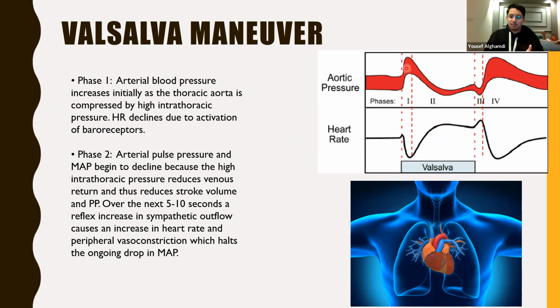If there is a higher blood pressure, there will be a lower heart rate. So when the blood pressure decreases over the next 5 to 10 seconds, your sympathetic outflow causes an increase in your heart rate and peripheral vasoconstriction. If you already took that, the blood vessels only have sympathetic innervation, no parasympathetic. So to vasodilate, you remove sympathetic, and to vasoconstrict, you stimulate sympathetic.